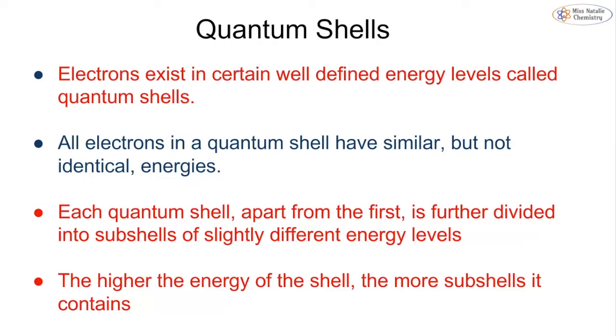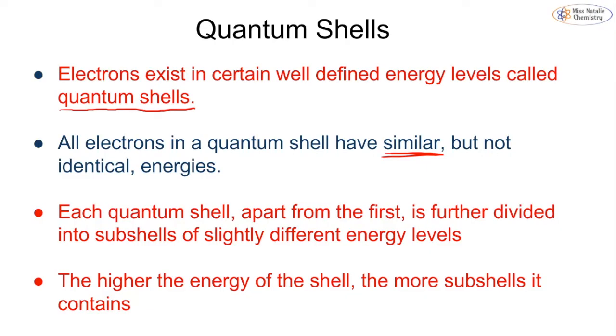So electrons exist in well-defined energy levels known as quantum shells. So now we're not going to necessarily be using the term energy levels, we're going to be using quantum shells. And all electrons in a quantum shell have similar, but not identical, energies. So every single electron in a quantum shell has a specific energy, and if they're in the same shell, it tends to be similar.